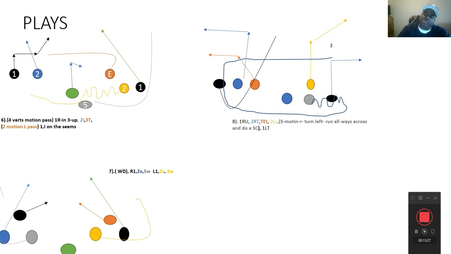It might look like scribble scrabble, but it's a decent play. And as you look at number 8, look at the number 1. He's doing a bubble.